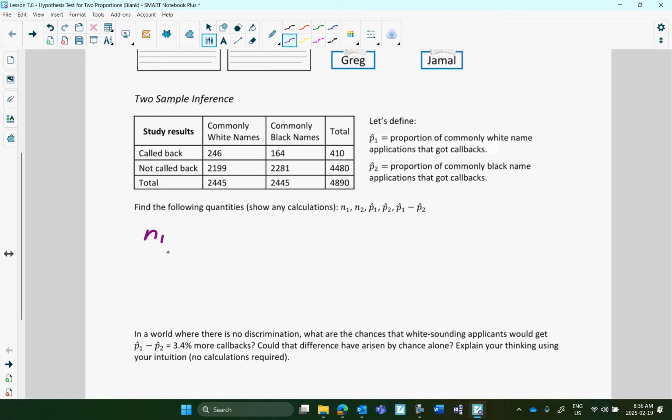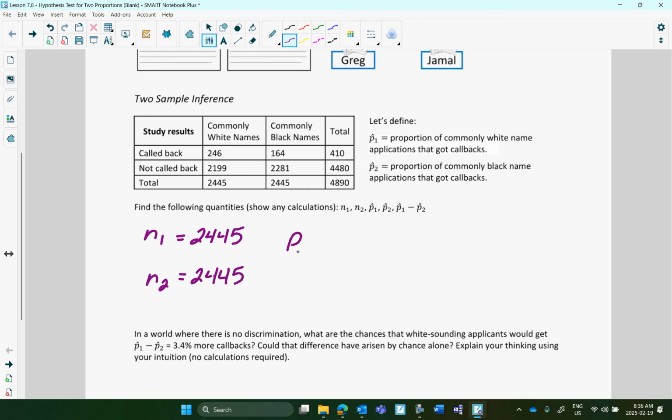So N1 and N2 are both 2,445, the sample size of each, the white name resumes and the black name resumes. Okay.